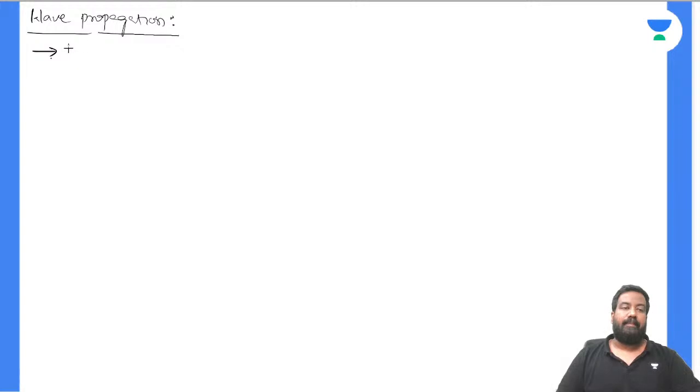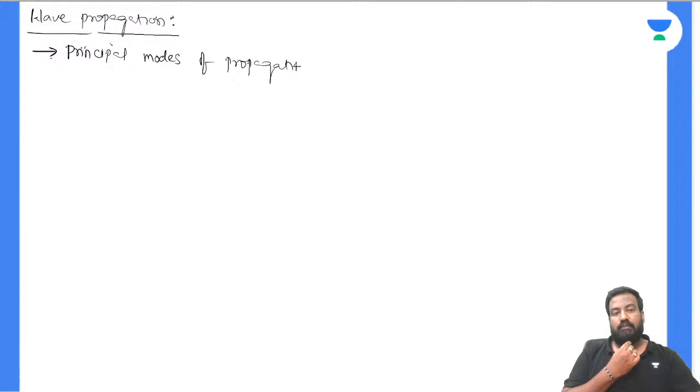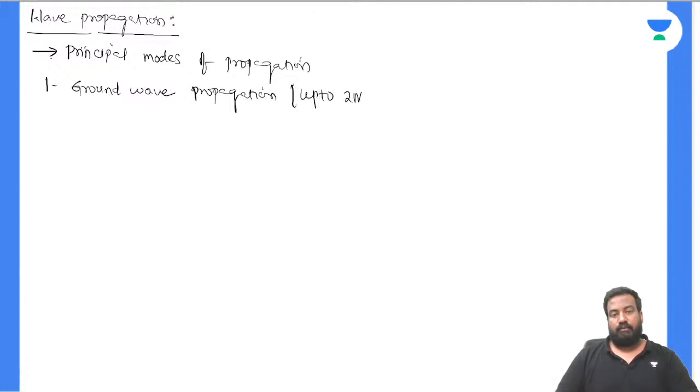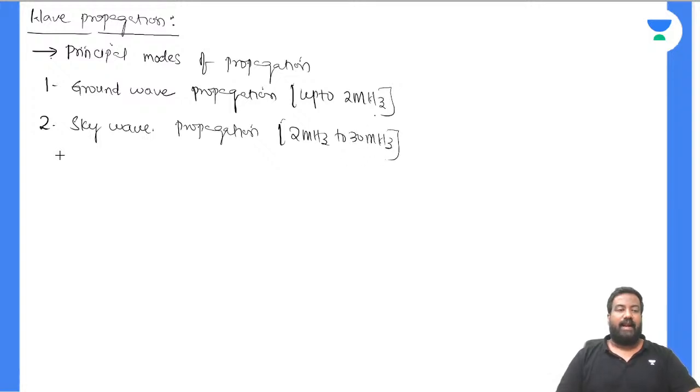In wave propagation, we covered the principal modes of propagation, which are ground wave propagation, where frequencies up to 2 MHz are used, and skywave propagation, where frequencies between 2 MHz and 30 MHz are used. A detailed explanation of all these modes of propagation I had explained in Antennas Mahamarathon. Please go through it.